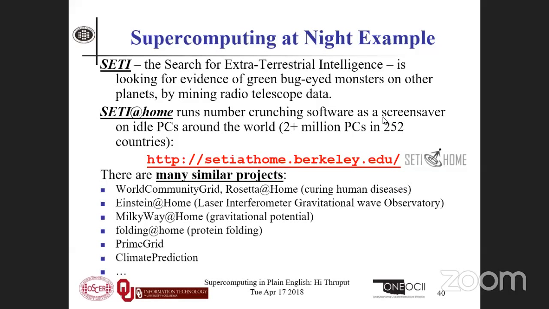Okay? So what the SETI folks did was they had this brilliant insight. They said, okay, there's no way that the US Congress is going to give us the many millions and millions of dollars that we're going to need to have enough computing capacity to find the radio astronomy signals that will show that there are green bug-eyed monsters out there trying to talk to us, or perhaps to each other, okay?